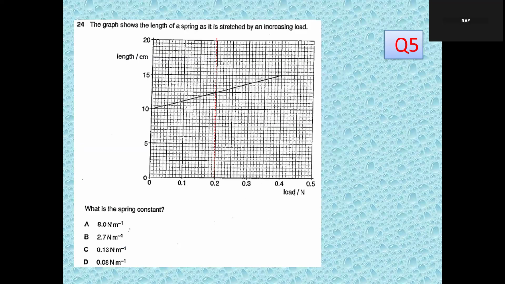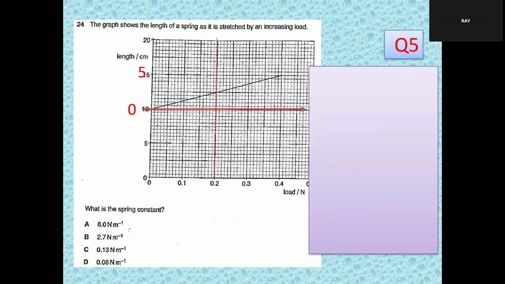What is the answer? It's the spring constant. What's the extension-time graph? Right, we draw the graph, load against extension.